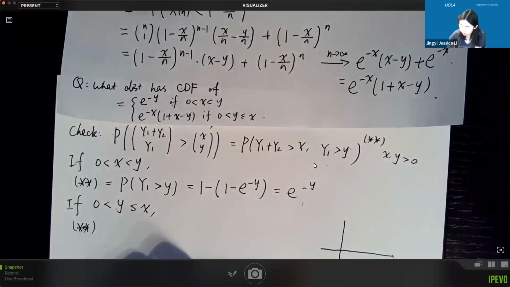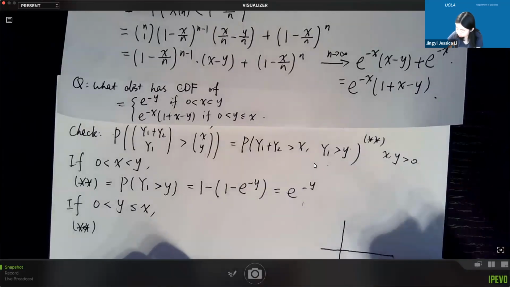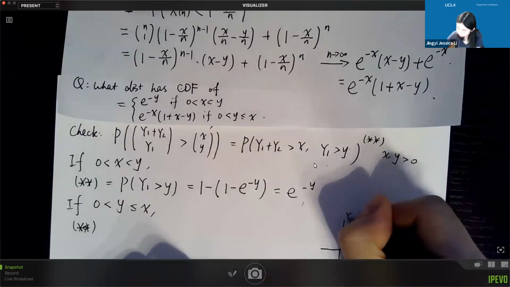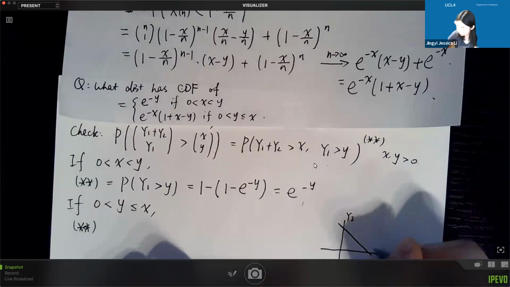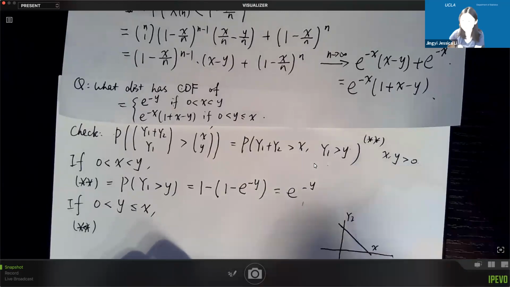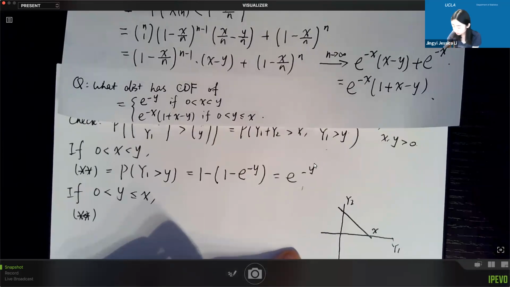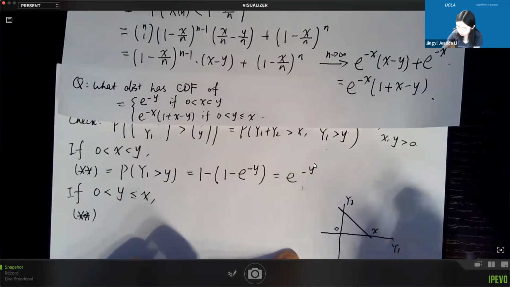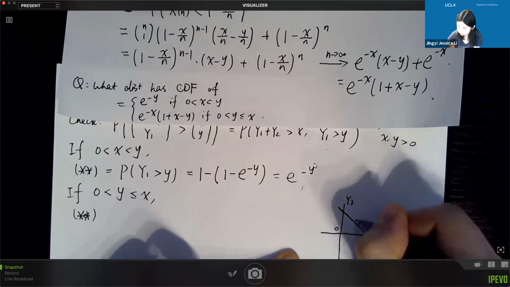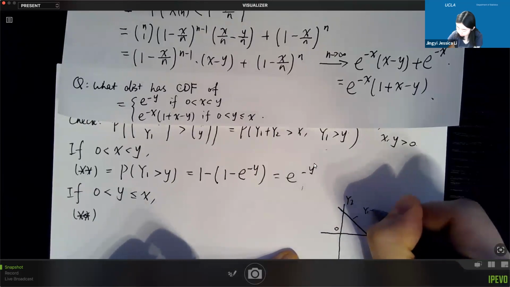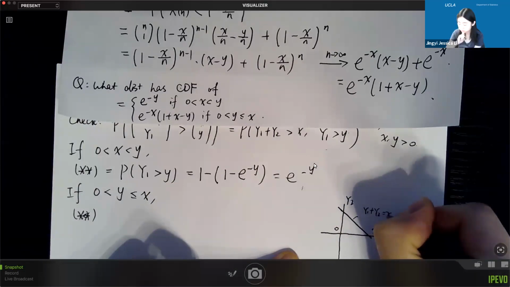So then what's this area? Let me call this y1 and this being y2. So this line, if I call this x, this line is corresponding to y1 plus y2 equals x. So this line is y1 plus y2 equals x.